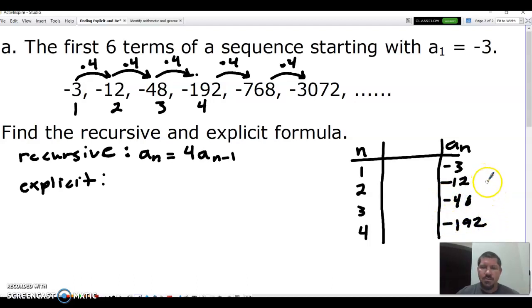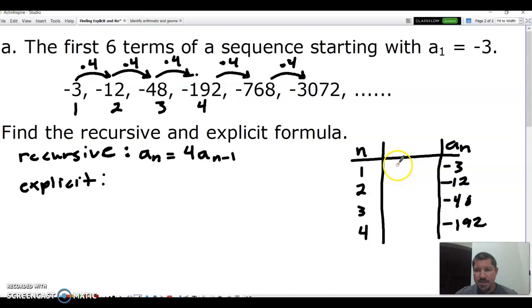Okay, so this is going to work a little differently now. Since I'm multiplying every time, I want to think exponents. So basically I'm thinking like an exponential function, right? So from here to here is multiplying by 4. But from negative 3 to negative 48 is multiplying by 4 squared, or 4 times 4, 16, right?